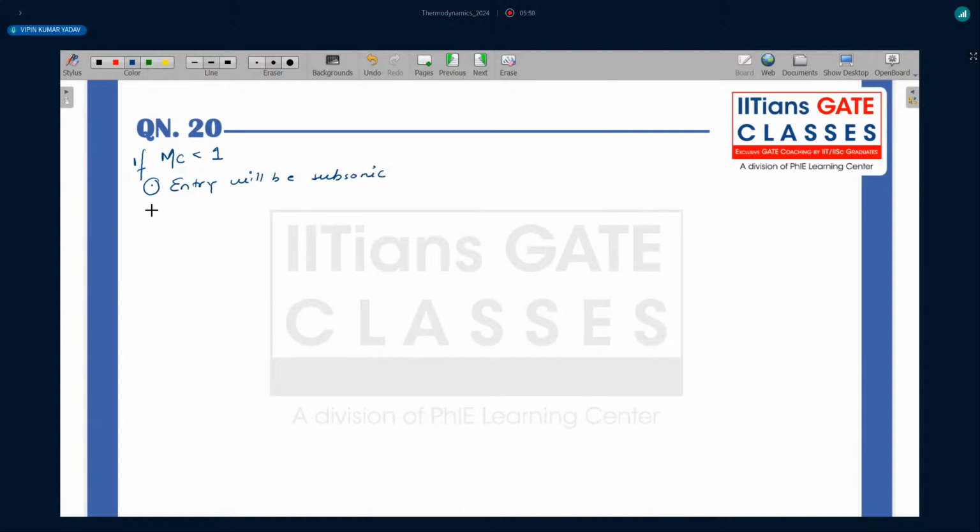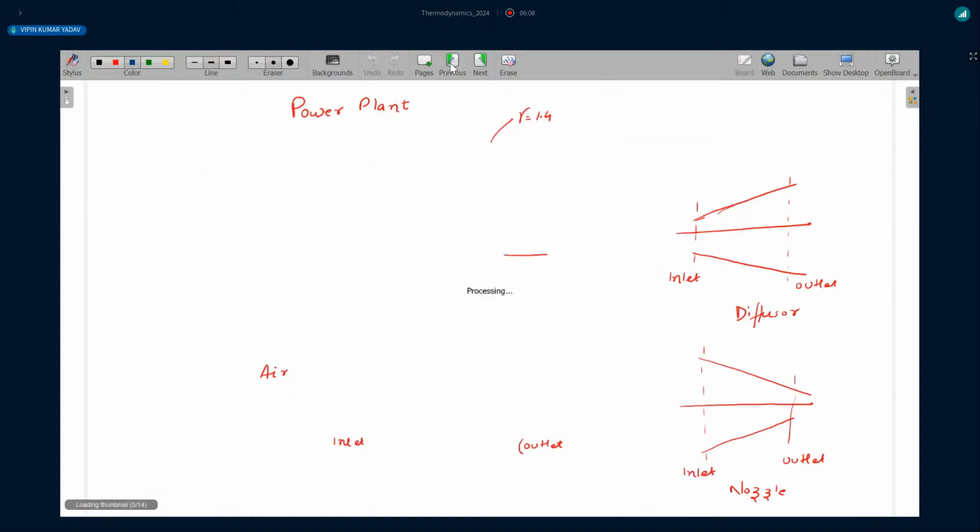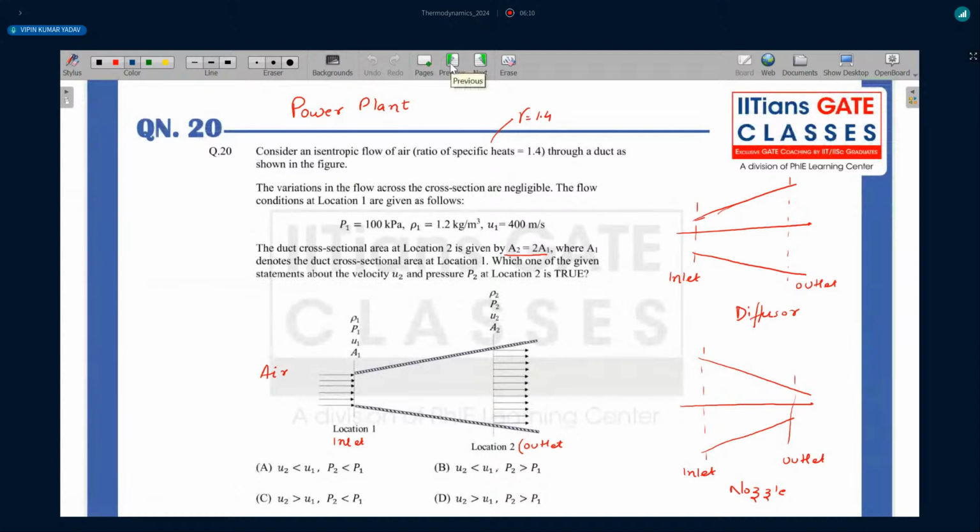It is going to act in a normal way, in the same way as it seems. That means this duct will be a diffuser. Now it is acting as a diffuser, based upon the Mach number, so what will happen with velocity and pressure?